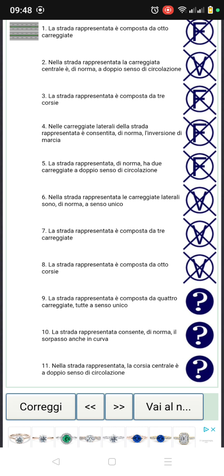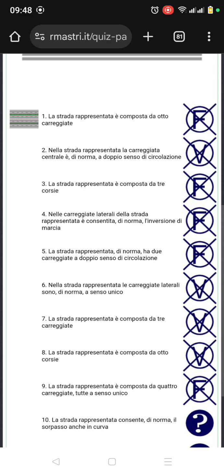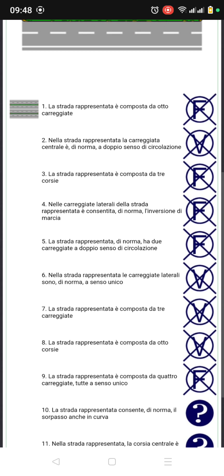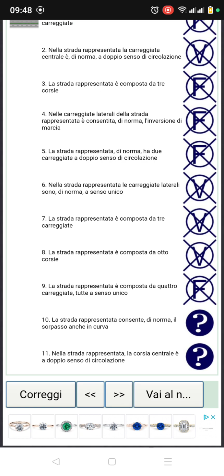Number 9. La strada rappresentata è composta da 4 carreggiate tutte a senso unico. No, it's false. So this very question is saying this very road is composed of 4 carriageways, all of them one-way circulation. No, it's false. Number 10. La strada rappresentata consente di norma il sorpasso anche in curva.